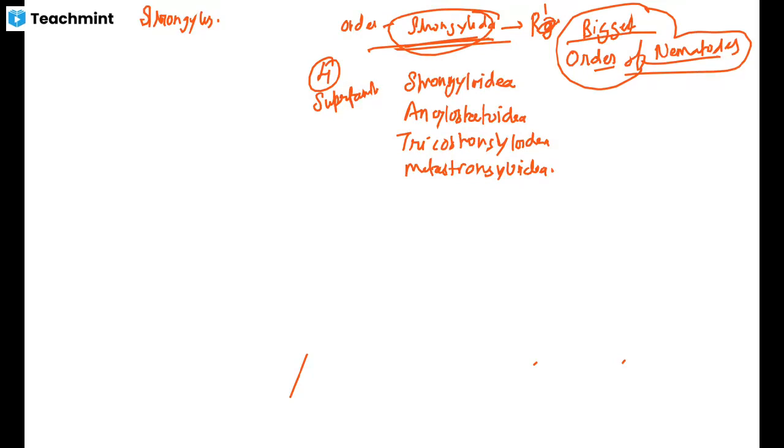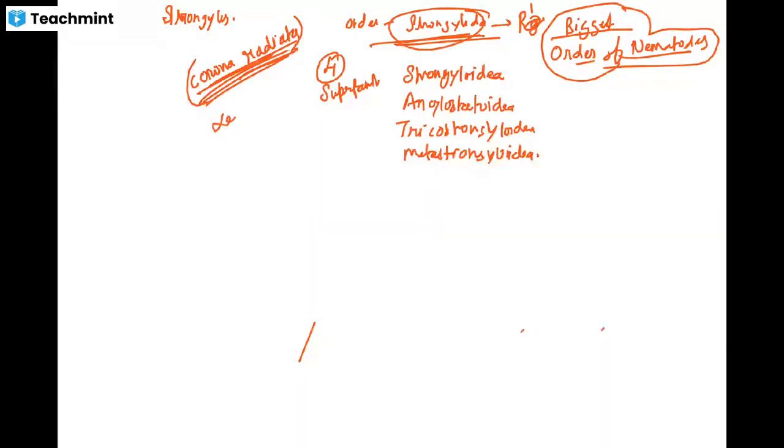So its answer will be Strongylida. Here the corona radiata, which is also known as leaf crown, is present.